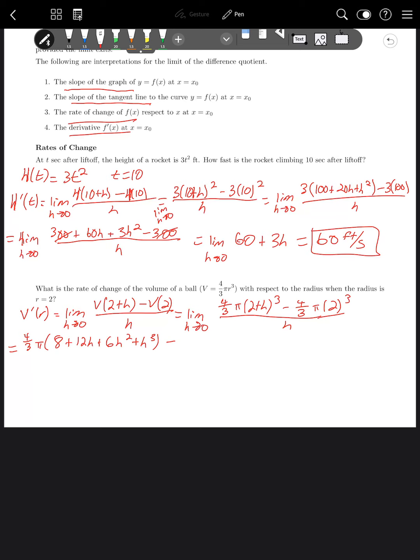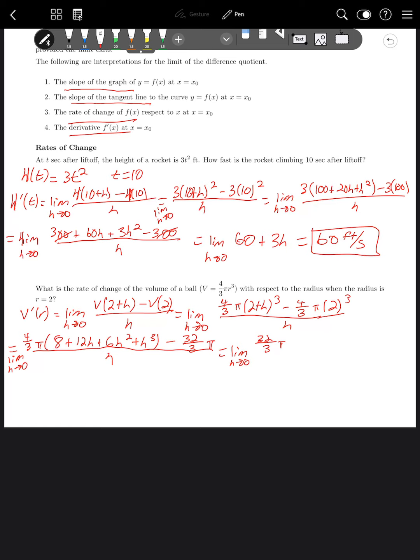So that's going to be 32/3 pi all over h. And then I'm still taking the limit of it. So let me go ahead and add that in here. So then we can combine, distribute. So 4/3 pi times 8 is 32/3 pi.